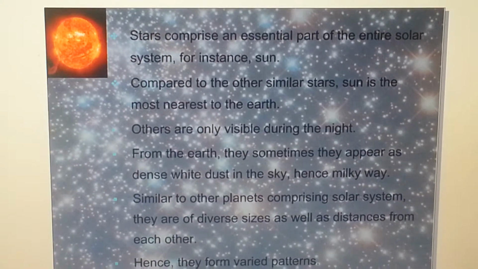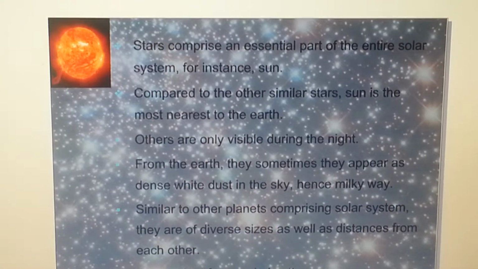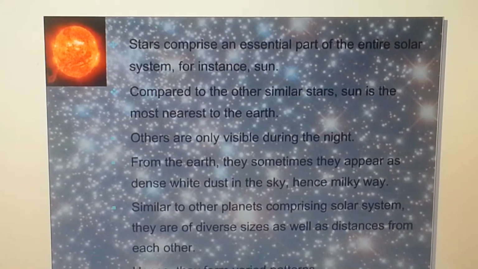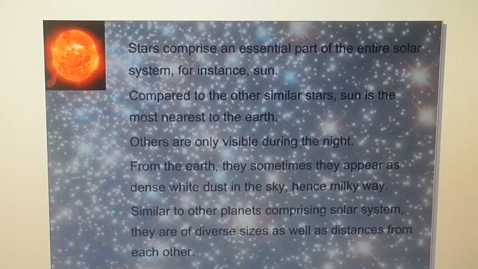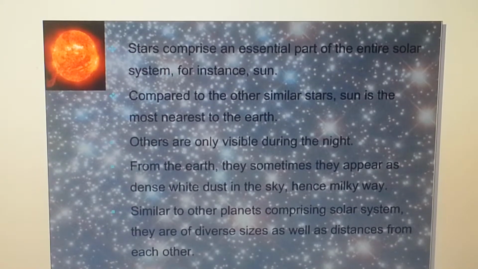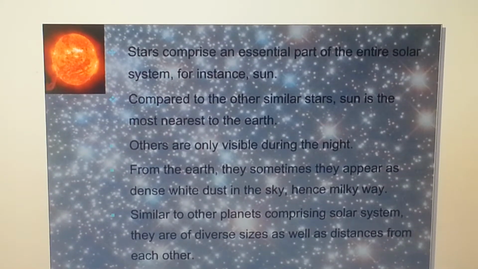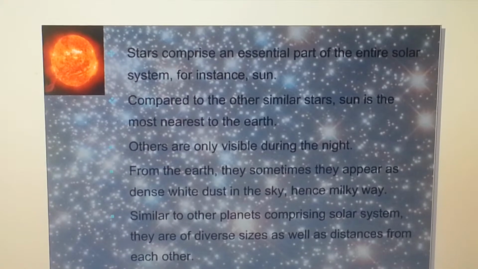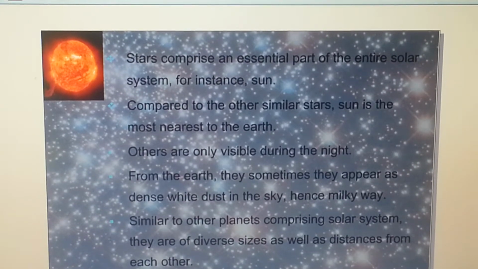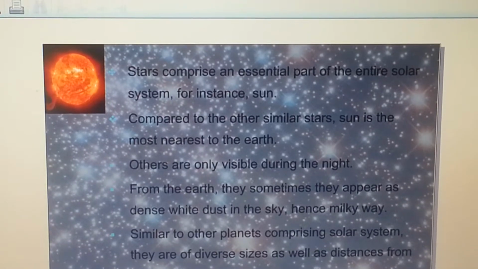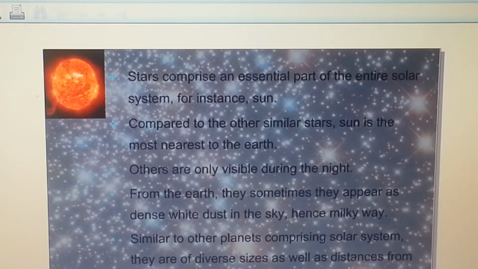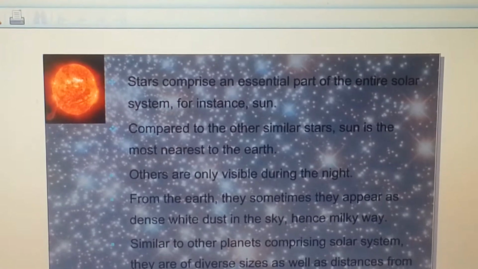So going into what the stars are composed of, they're a part of the solar system. For instance, the sun, which is the closest to the earth. Others are only visible during the night time, and from Earth they sometimes appear as dense white clouds, hence the Milky Way.